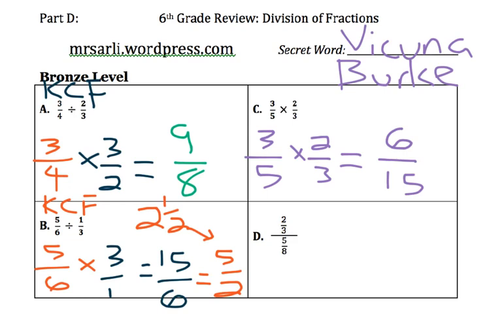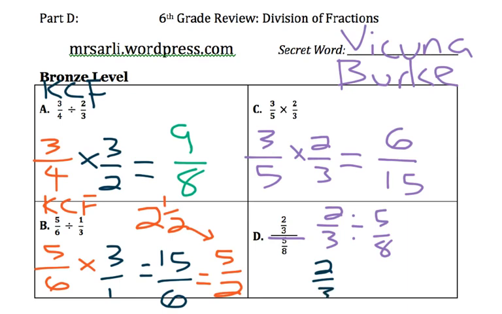Alright, for D, this is a division of fractions problem. It's just written differently. It basically is saying 2/3, and then this giant fraction bar is division. We're dividing by 5/8. And again, since it's division, we can use keep, change, flip to change it into multiplication.